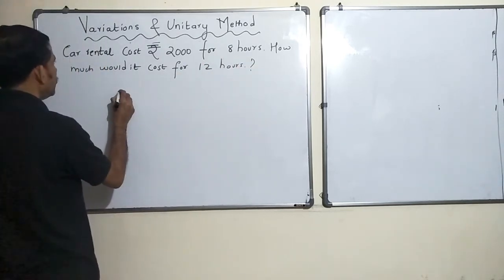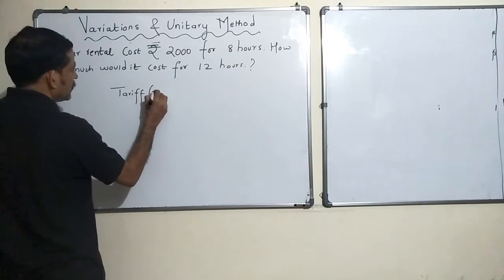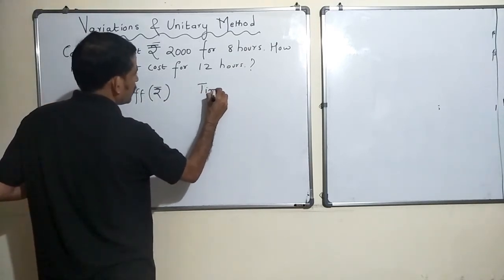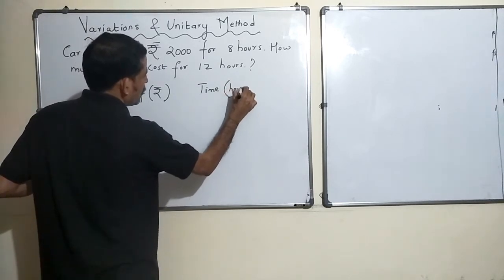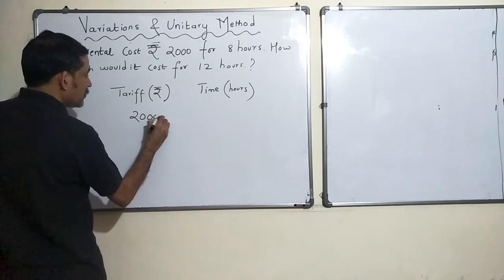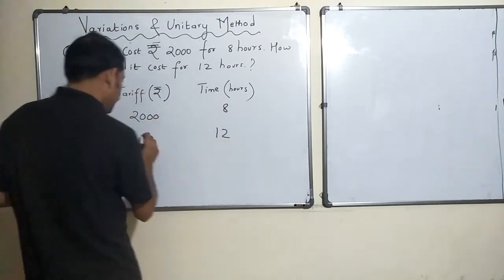So let's say tariff, let's find out in rupees, and time in hours. It's 2000 for 8 hours. For 12 hours, let it be y.